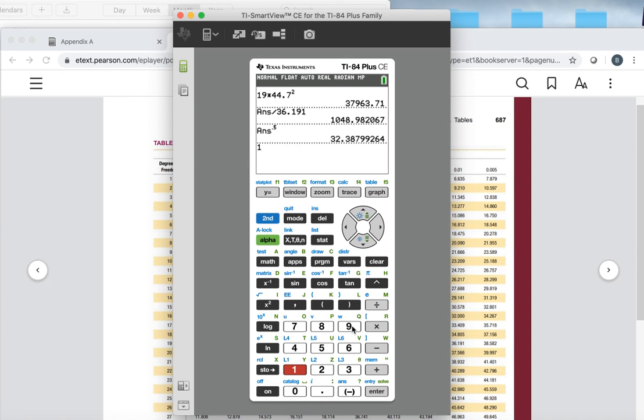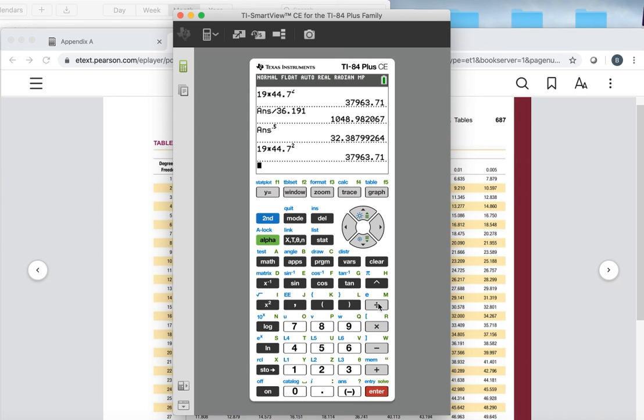Okay, so now we're going to find the right side of the confidence interval. So it's 19 times 44.7 squared. Shoot, I forgot to put a times sign there, sorry. So 19 times 44.7 squared.